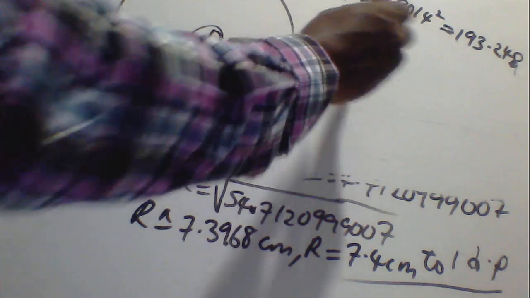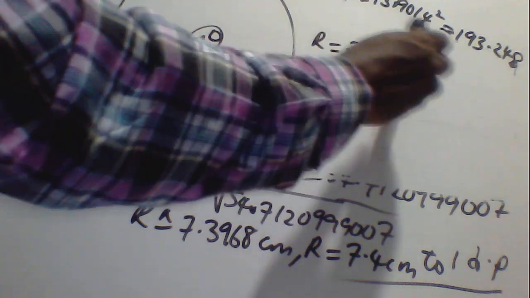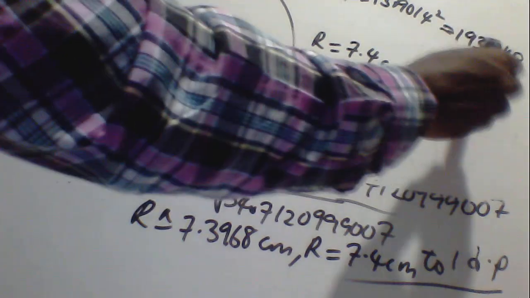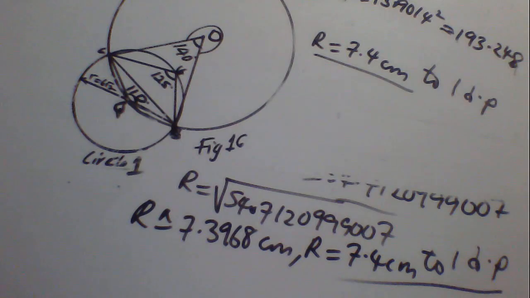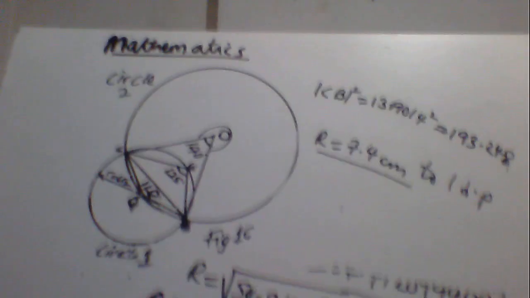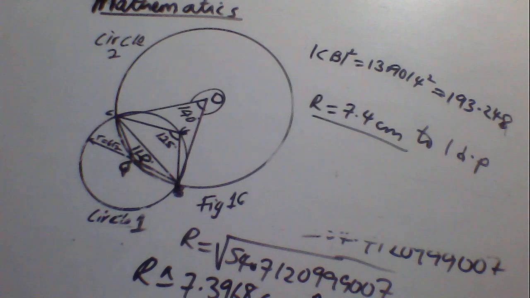So we have gotten R to be 7.4 cm to one decimal place. The second question asks, you are asked to find the area of the big circle, that is circle 2.